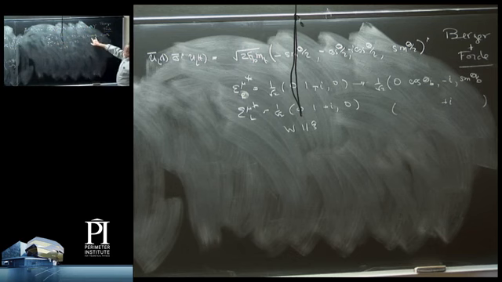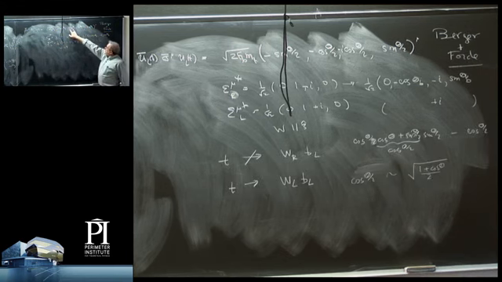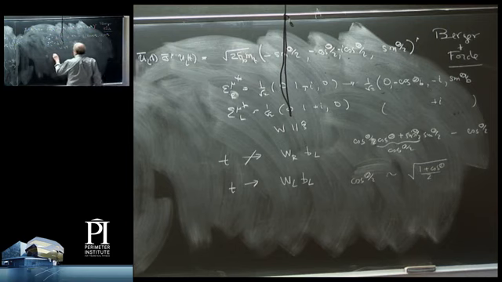If I dot this with this, I get a plus. If I dot this with this, I get a plus. If I dot this with this, I get a minus. So the top quark does not go into a right-handed W and a bottom quark. And if I dot with this vector, everything will add. And so I'll find that the top quark does go to a W left and a bottom left.